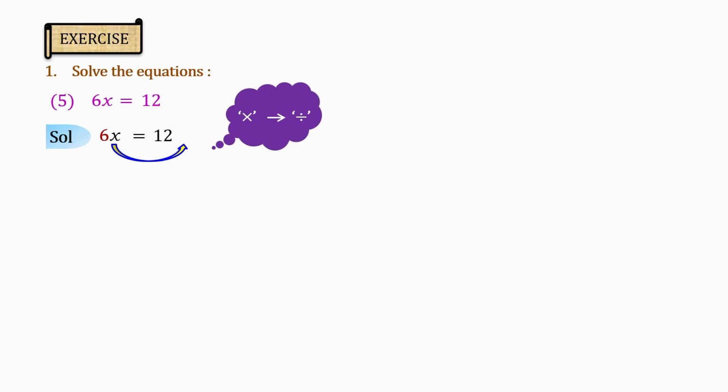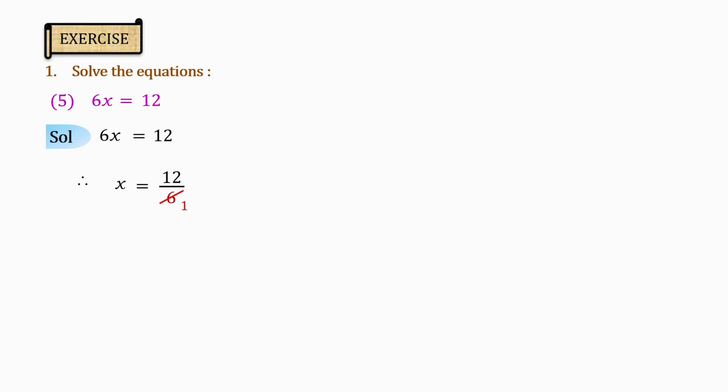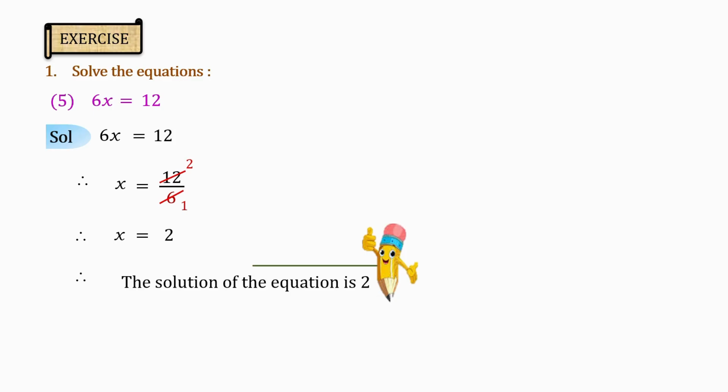Here the sign was multiplication, so now it will become division. So x equal to 12 by 6, that is 2. So the solution of the equation is 2.